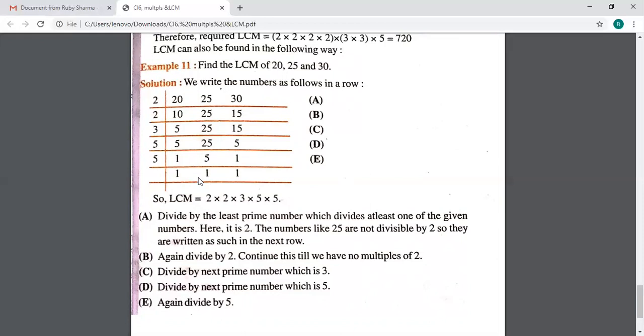So when you multiply 2 into 2 into 3 into 5 into 5, you will get the LCM. And what is the LCM in this case? You will multiply in the rough, but still I'll tell you, orally you can do it using the commutative property. If you remember, 5 2s are 10, 5 2s are 10, 10 10s is 100, 100 into 3 is 300.